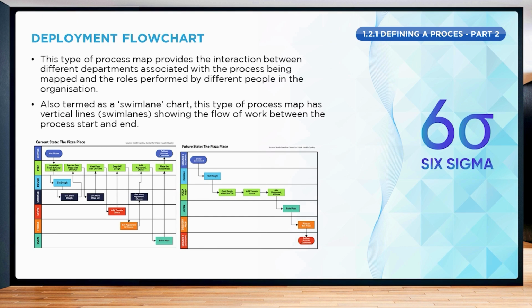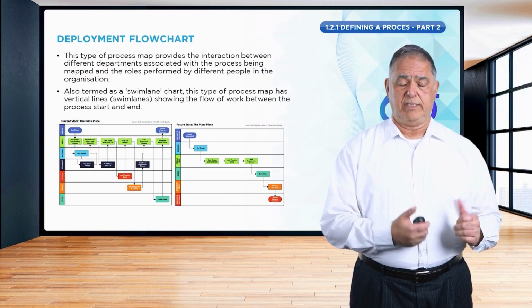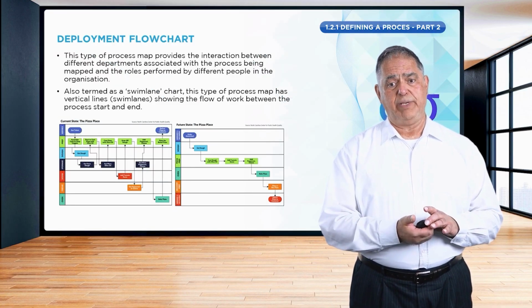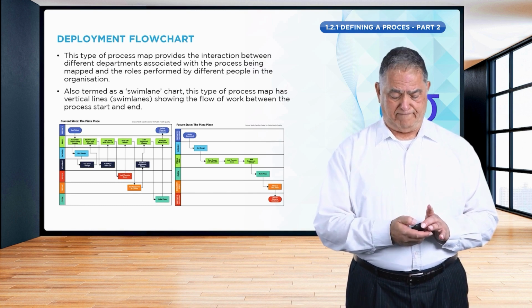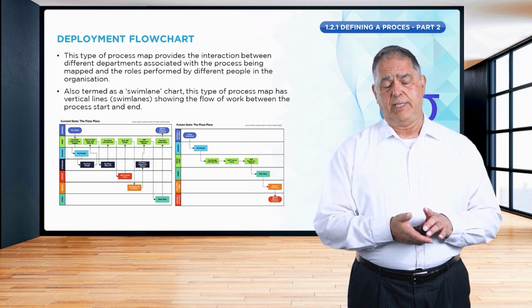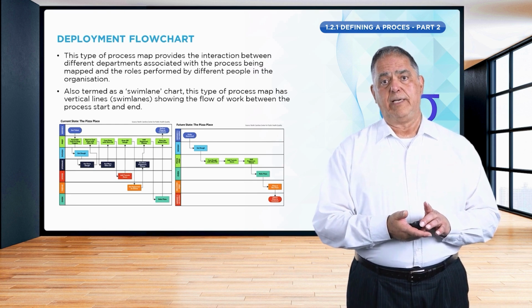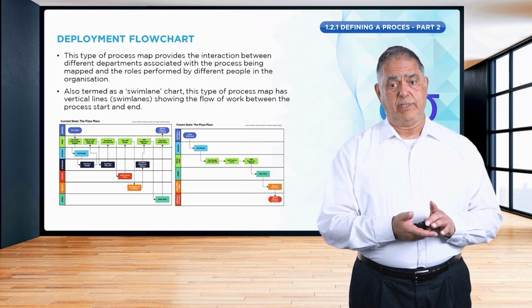And on the other side, we have the improved process. So the first is the as is, and the second is the to be or should be. And you can see in the latter that we have fewer process steps, and the flow of the process has been greatly simplified.